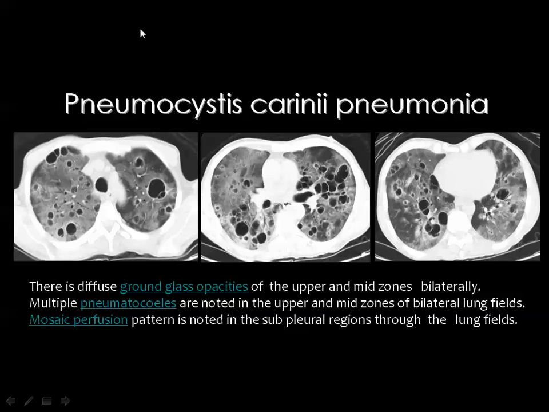As I have mentioned before, in this particular type of infection, the clinical data are very important to know that the patient is immune compromised or an HIV positive patient, and you may get ground glass opacities, too many pneumatoceles, areas of consolidation, and you may see some air bronchogram.